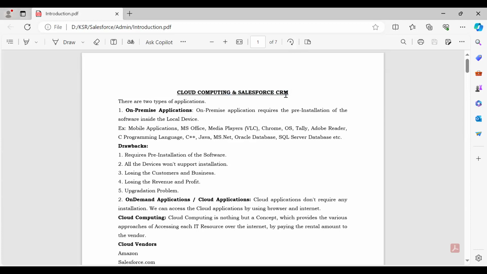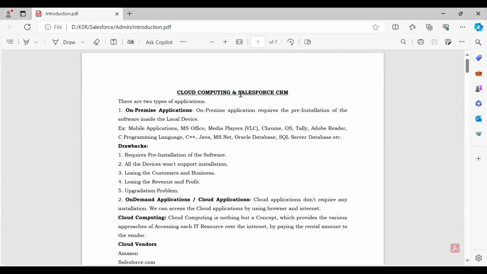Salesforce CRM. CRM stands for Customer Relationship Management. We have discussed what is CRM yesterday. It is a combination of practices, strategies, and technologies that organizations or companies use in order to manage their customers and customer relationship and arrange or manage the customer in an organized way.